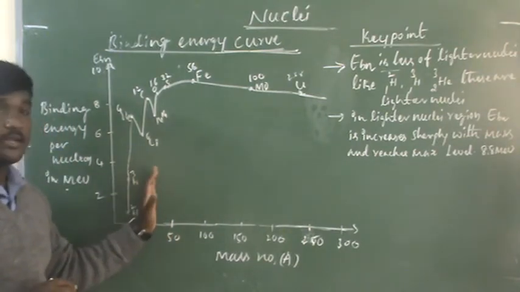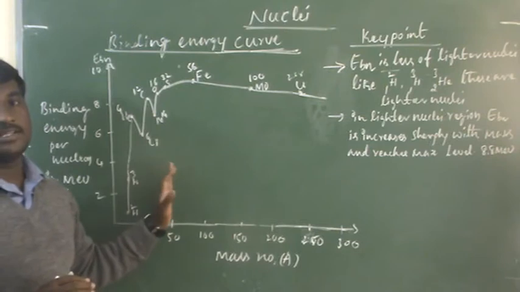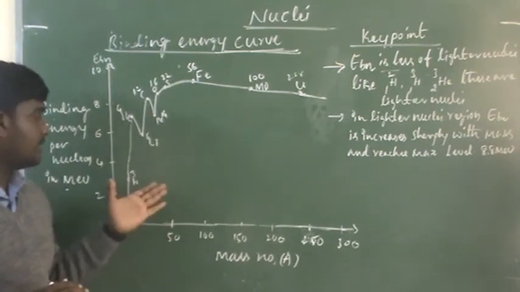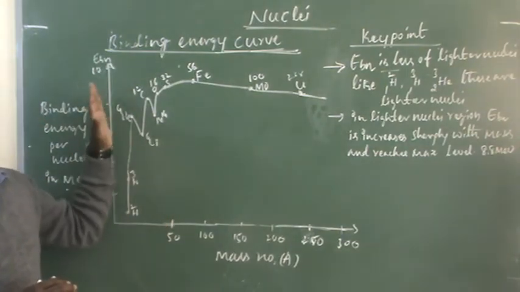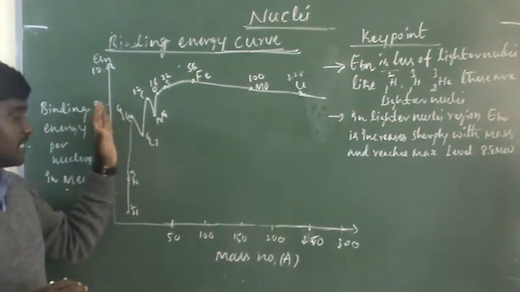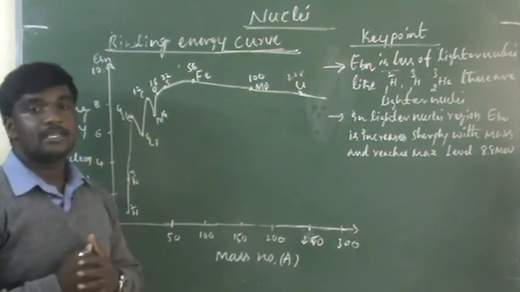So in this region, nuclear binding energy increases sharply with the mass number.